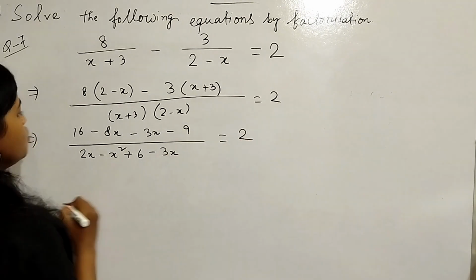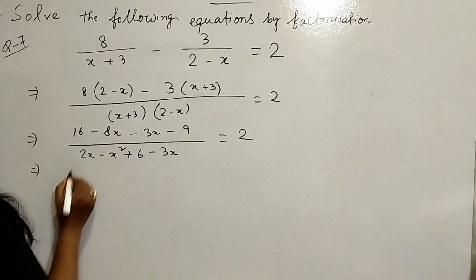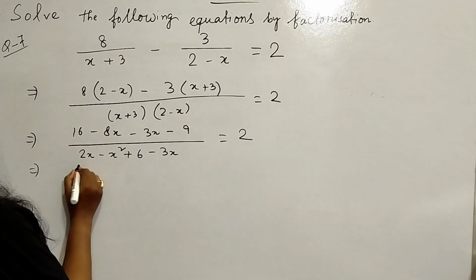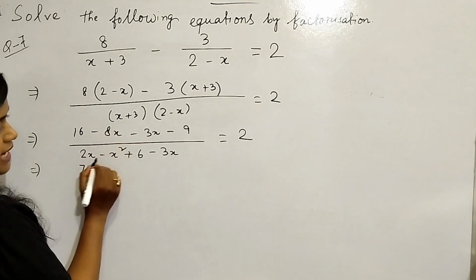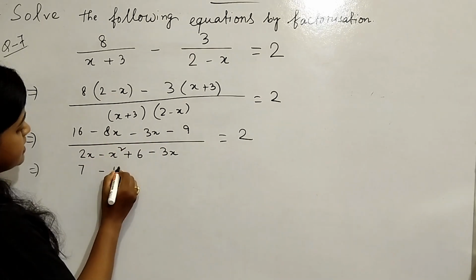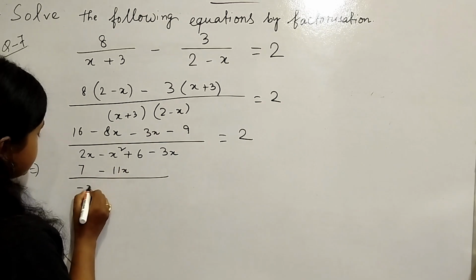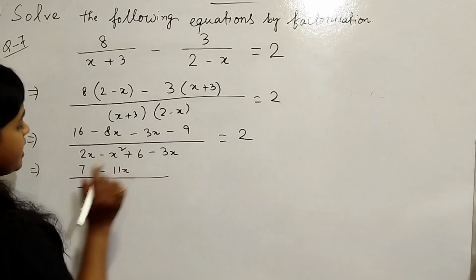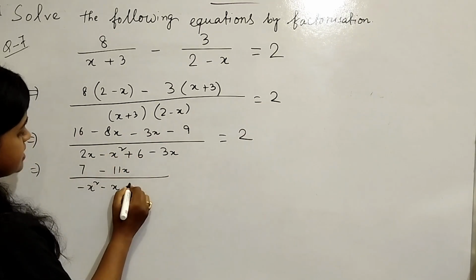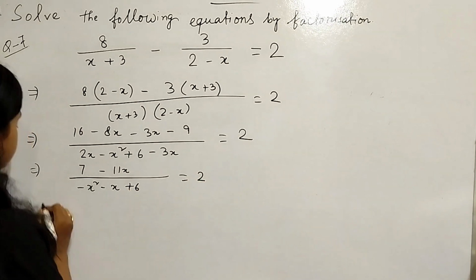So now 16 minus 9 means 7, minus 8x minus 3x means minus 11x, divided by minus x square, 2x minus 3x is minus x, plus 6, equals.